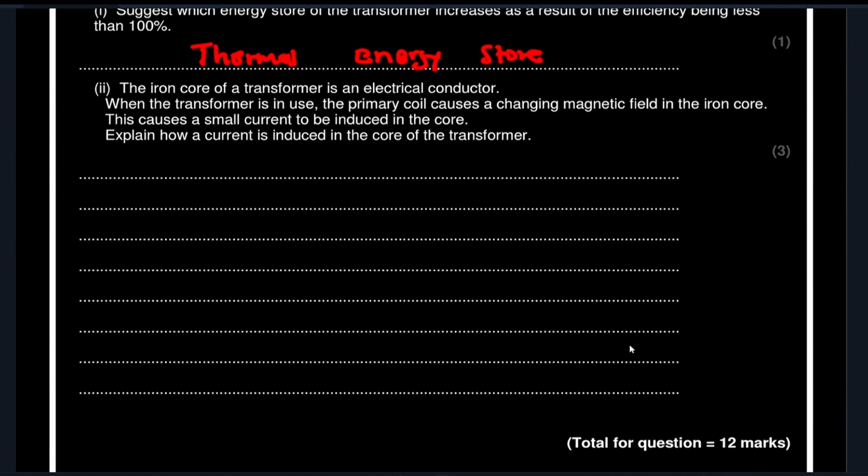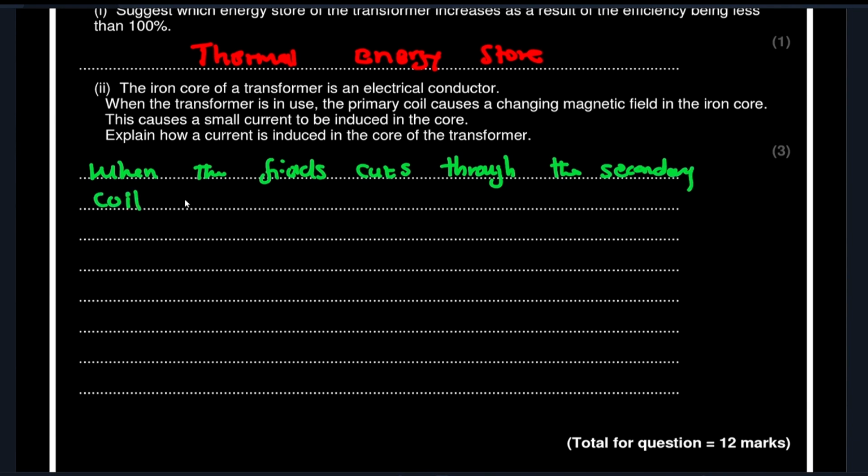Due to the flow of electrons, there is now a current that is registered to flow in the secondary coil. So we can say in this particular question that when the fields cut through the secondary coil, let us try to write this. When the fields cut through the secondary coil, a voltage is induced in the secondary coil.